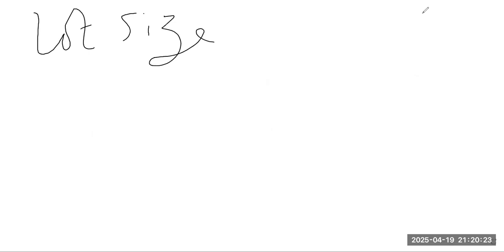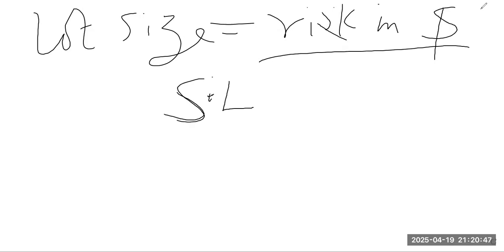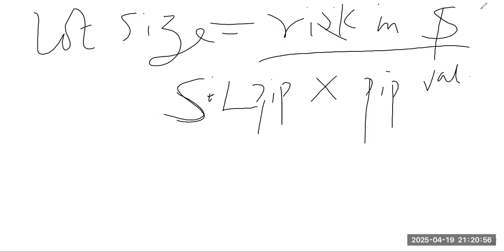I said the formula for calculating lot size is your risk in dollars over your stop loss, I'll just use SL, your stop loss pips, multiplied by your pip value, I'll just use VAL. All right. If you want to calculate your lot size, this is the formula you use: your risk in dollars divided by your stop loss pips times pip value.